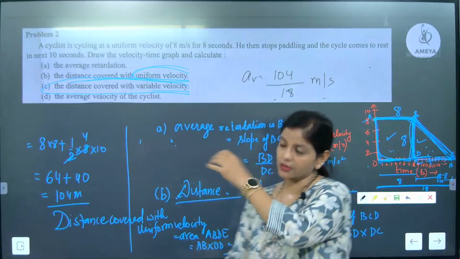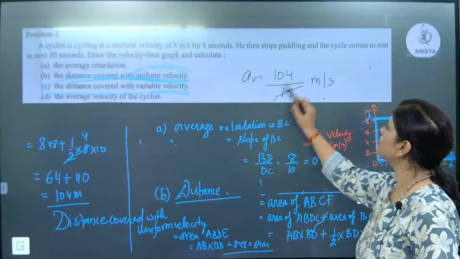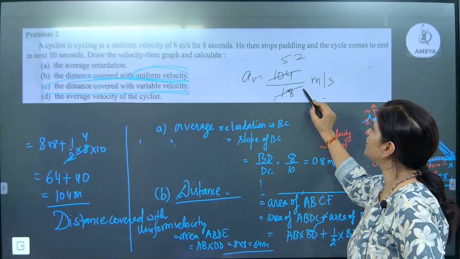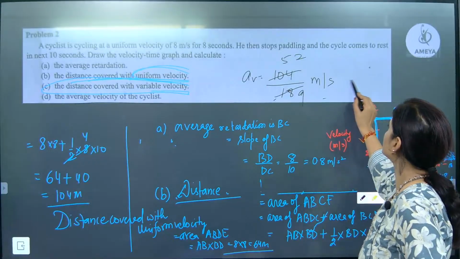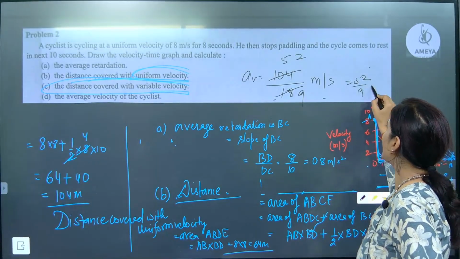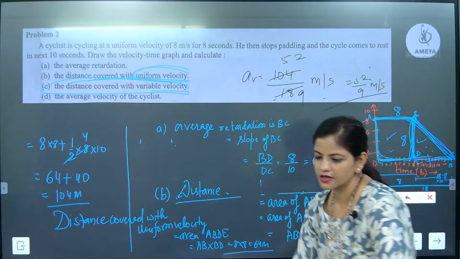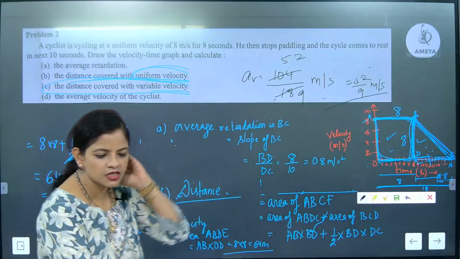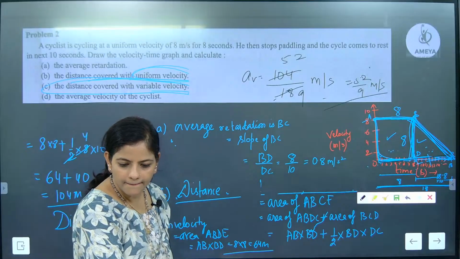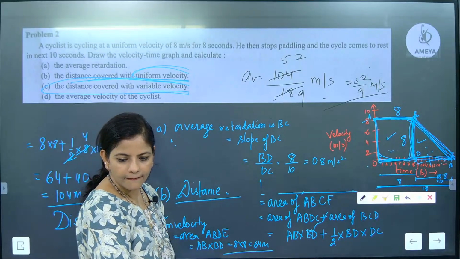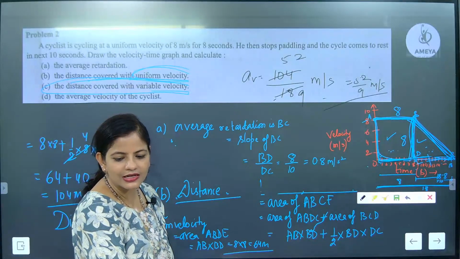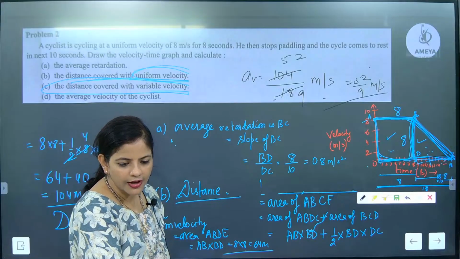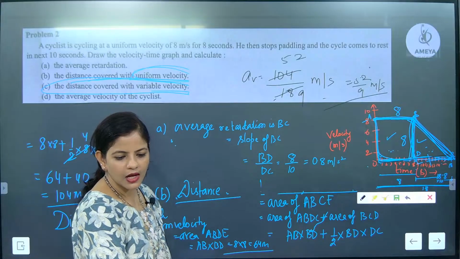So 104 divided by 18. Cancelling, that is 52 by 9 meters per second. That's it, end of the story. Tanisha, did you understand? Yeah, the second part was a little bit of a problem for you. I hope you understood.